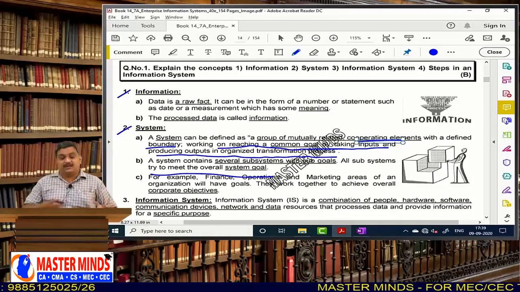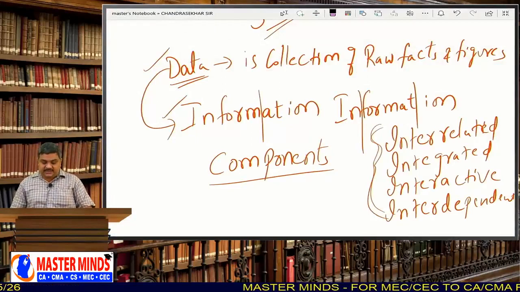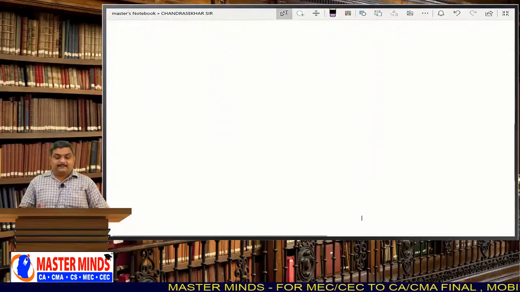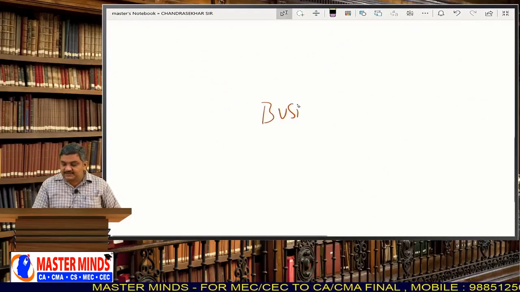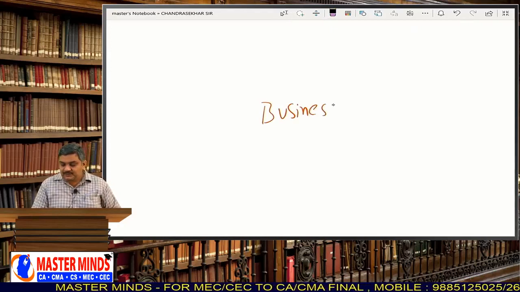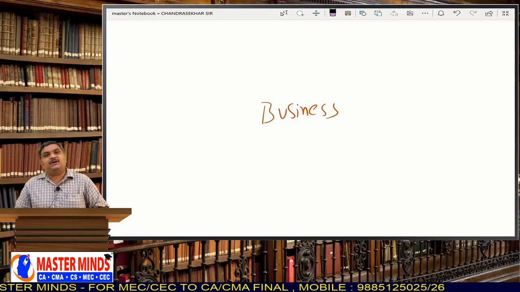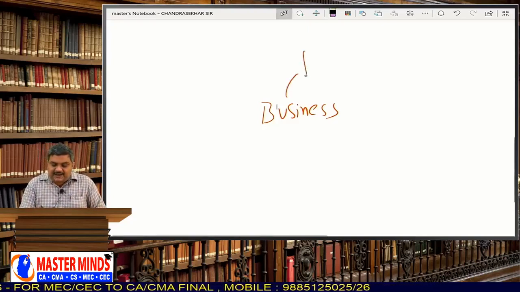Now, let us take the concept of a business organization and try to understand the business organization also as a system. See, in a business organization, there will be different functions, isn't it? And each function has to be performed by a particular component. See, in business, dealing with finances is very, very important.